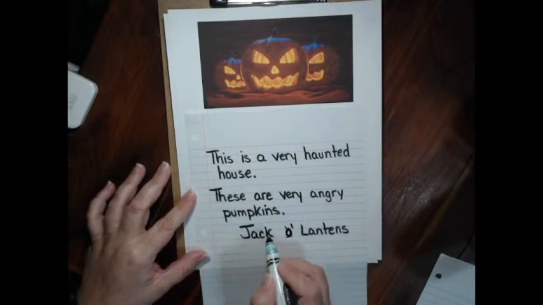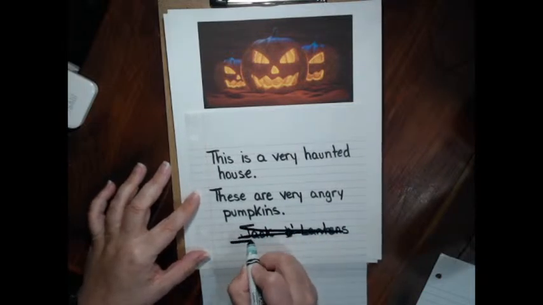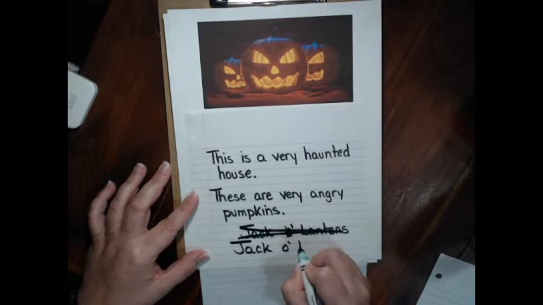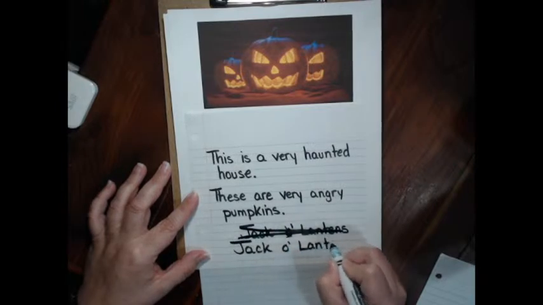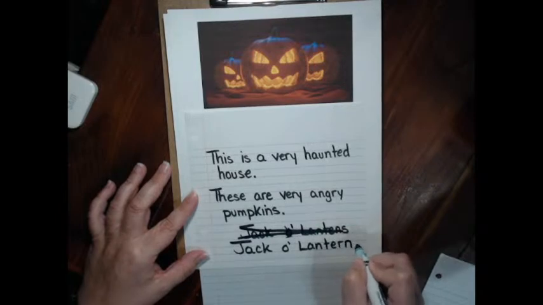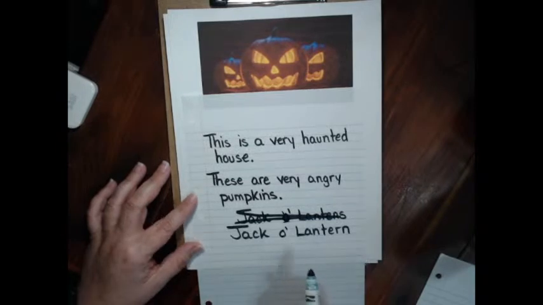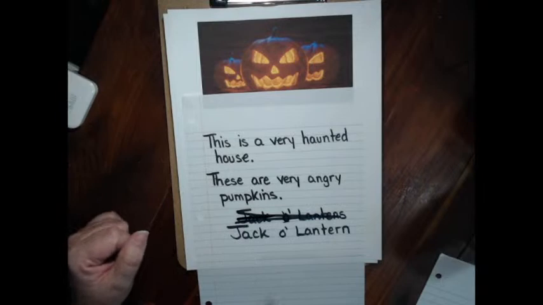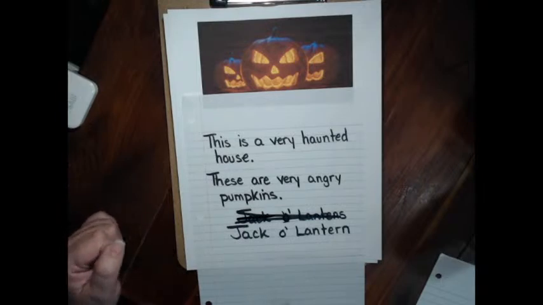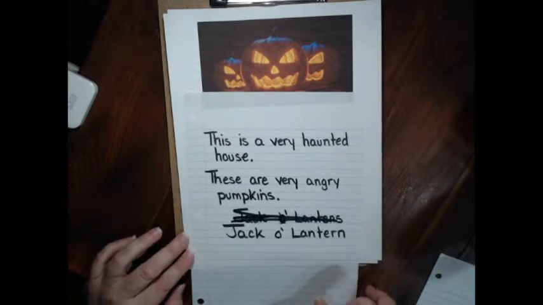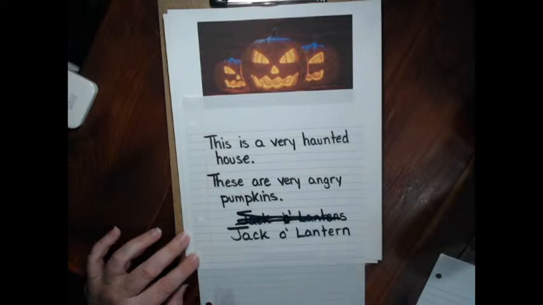Let's try this again. Jack-o'-lantern. And we can add the S if there's more than one. Now you don't really hear an O in there. You usually hear kind of a sound. Jack-o'-lantern. Good. Okay. So we could say these are very angry jack-o'-lanterns.